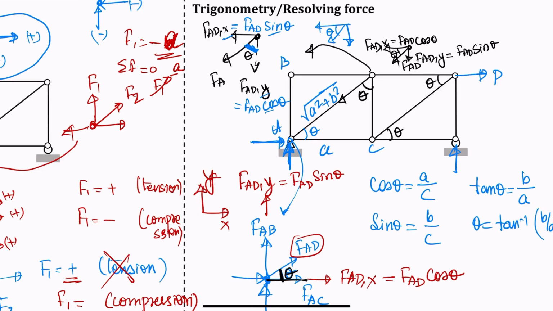You always know that this force will be cos theta and this will be sine theta. So that's another thing that you need to know when you resolve the force. You also need to know trigonometry, because you need to use either the concept of cos theta and sine theta, or Pythagoras theorem to find the length.